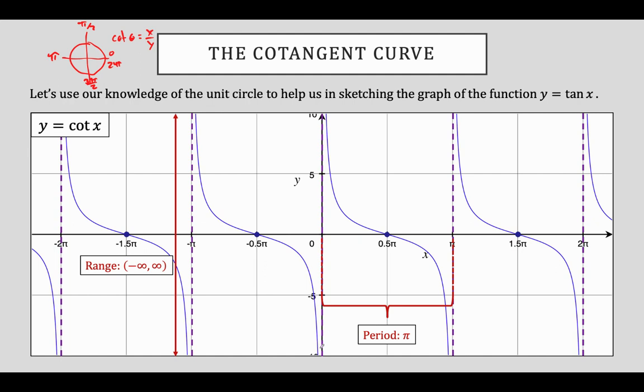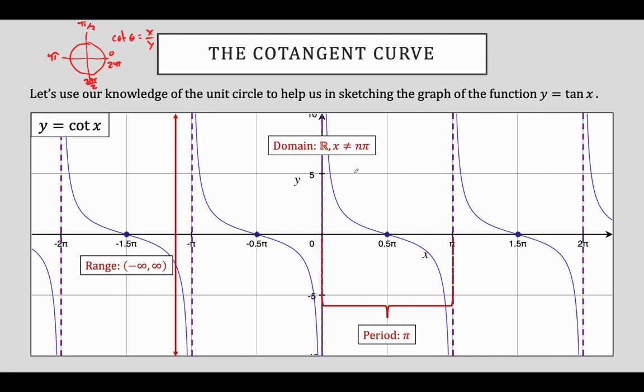And my domain is going to be all real numbers, except x cannot equal, we pick a vertical asymptote. Notice we have one here at x equals 0, and we add on n times however frequently they occur. That would be 0 plus n times pi, or we just say x cannot equal n pi. All right, there we have our domain.